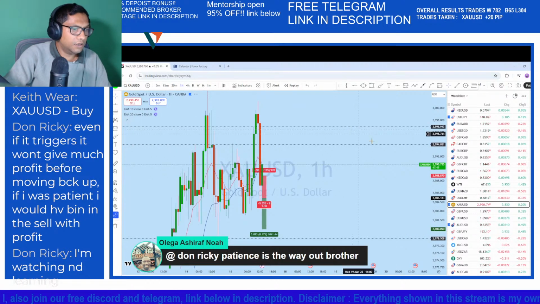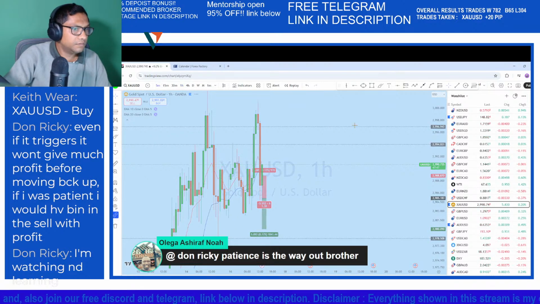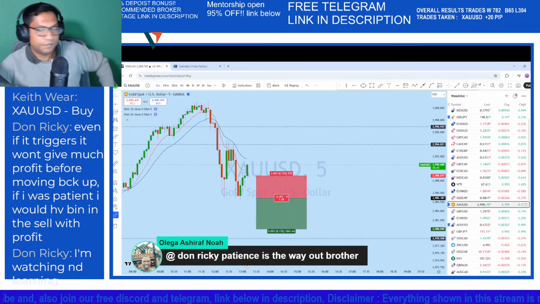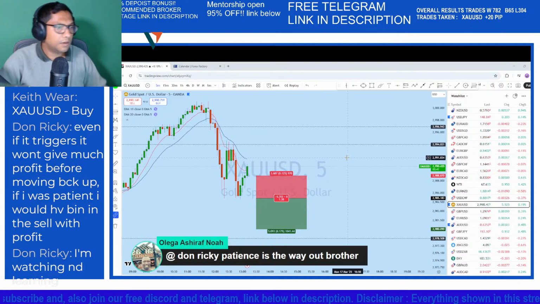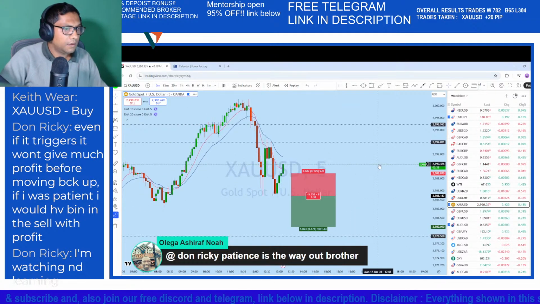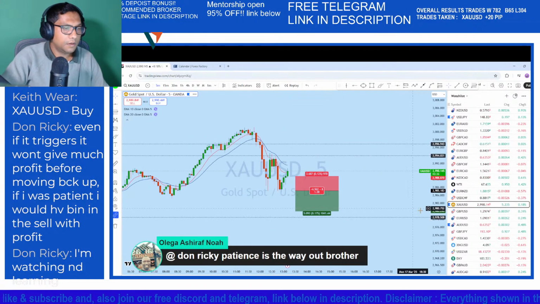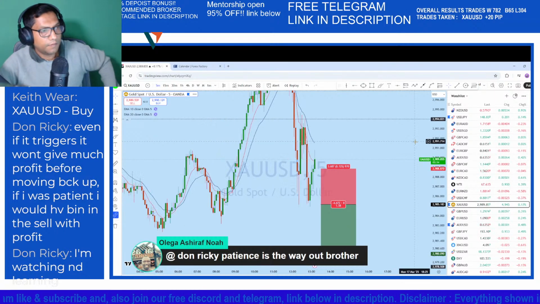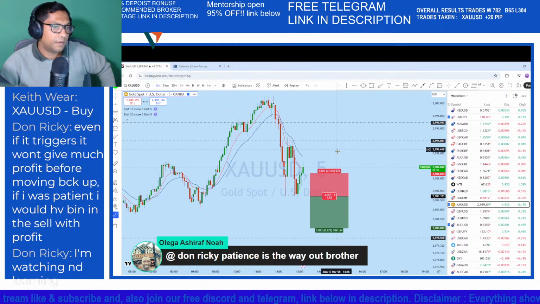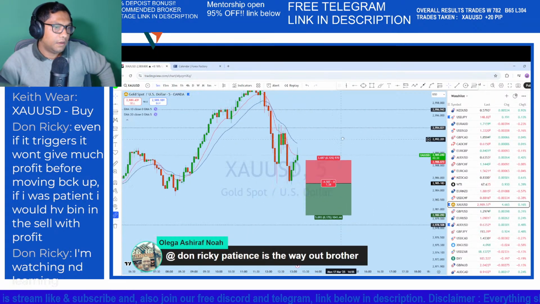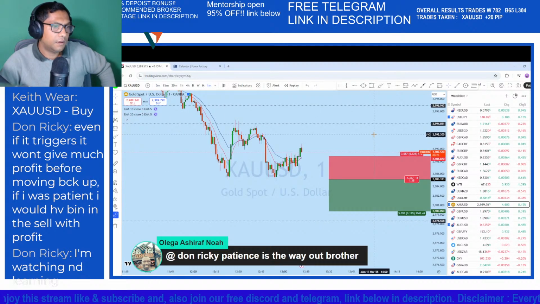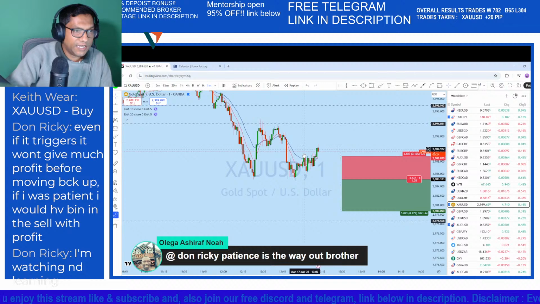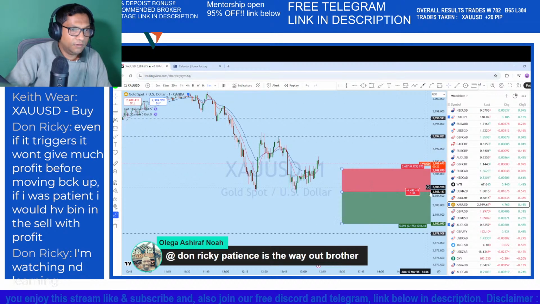Still not. We can see that there is a long wick candle.